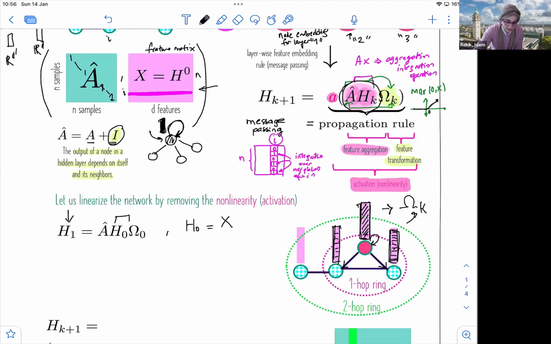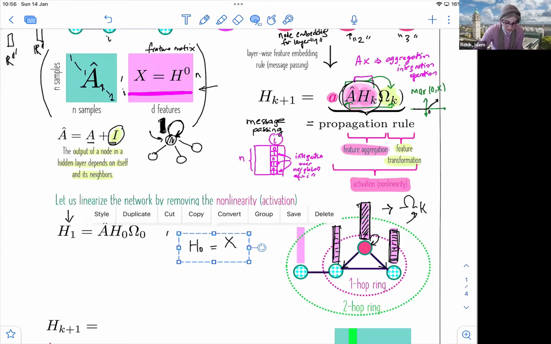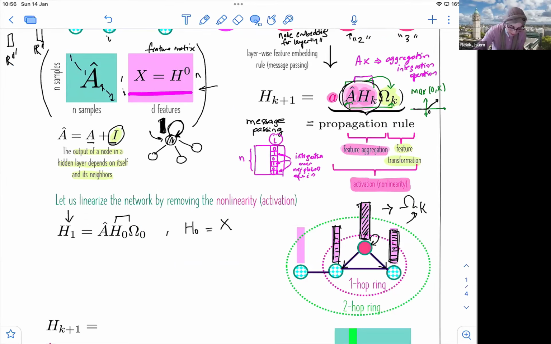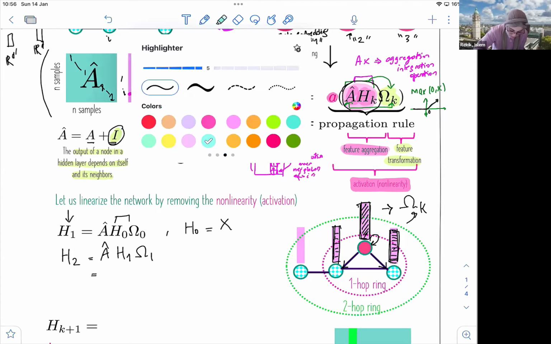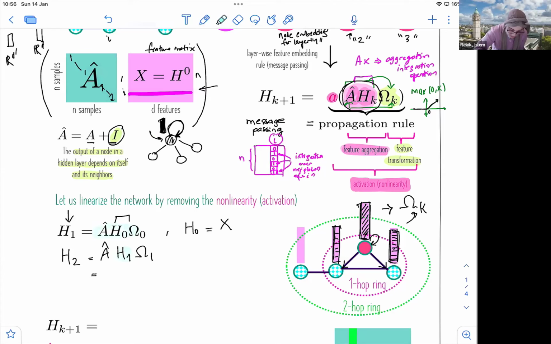So let's write down the update rule, and I want you to substitute every time, replacing the value. For example, H2 is equal to A hat H1 omega 1. Then substitute, replace it with this, and see which kind of formula we will discover.